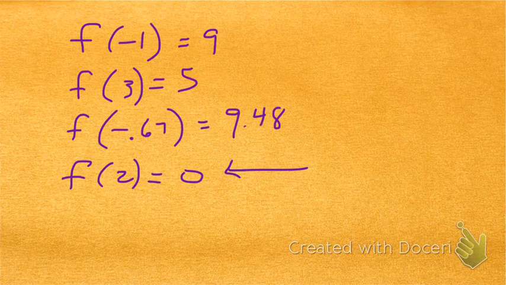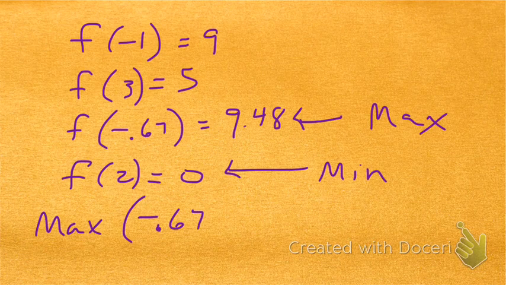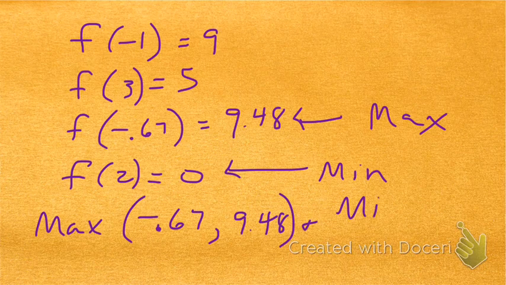I see a low right here, and we've got a high right there. So in conclusion, let's write this as an ordered pair. We have a max where negative 0.67 meets 9.48, and a min where 2 meets 0. The end of finding the extrema.